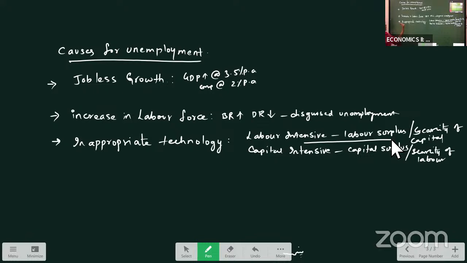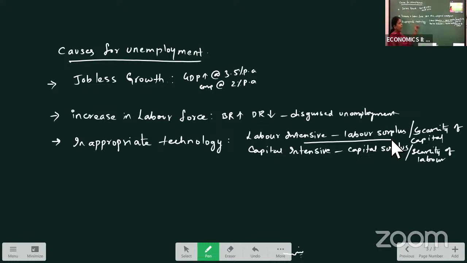But most of the industries started following capital intensive methods, depending on machinery more than labor. So whoever the labor is available could not find jobs. This inappropriate technology created unemployment in the country.